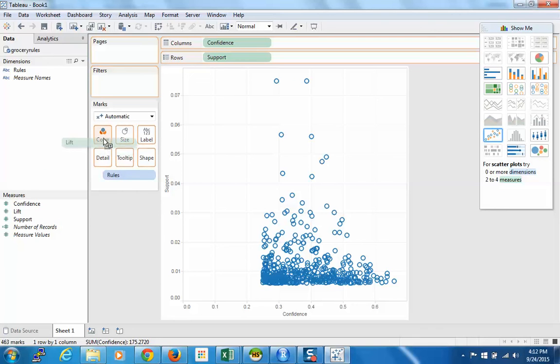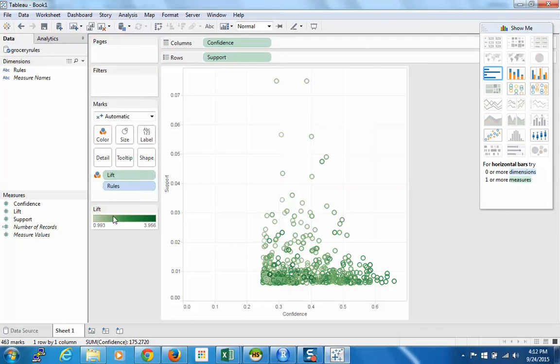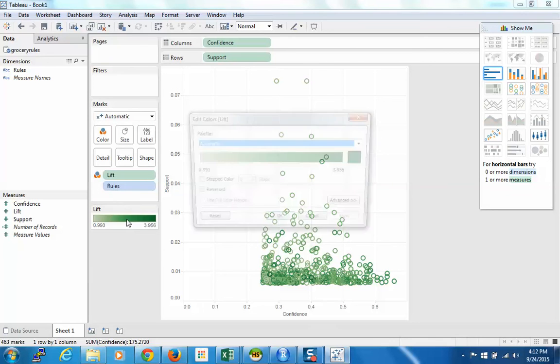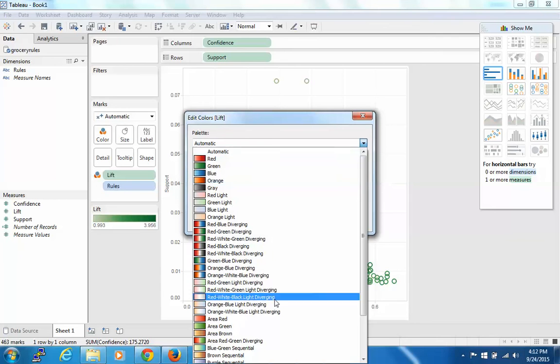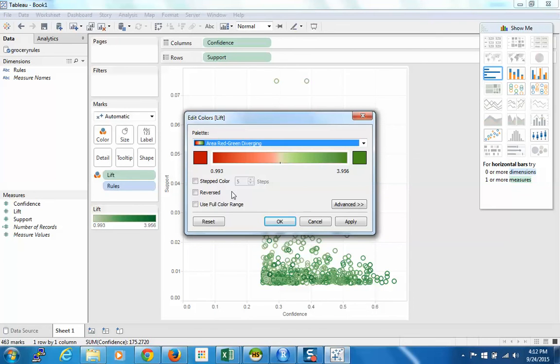So I will drop lift onto the color. And this opens up a shade of green, which doesn't tell me much. So I will change the color scheme, and I can make it something like, say, red green divergence, and I'll make it stepped color so that I get a good idea about how big that lift is.